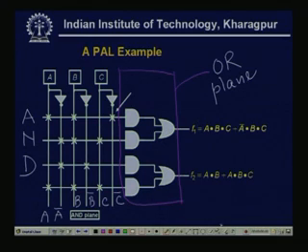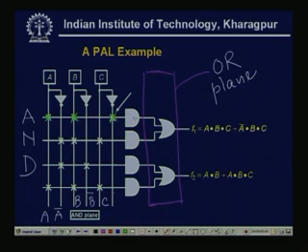Actually, the fixed OR plane is made of two input OR gates. See here there are crosses. This is A, and the cross is here, this is B and this is C bar.